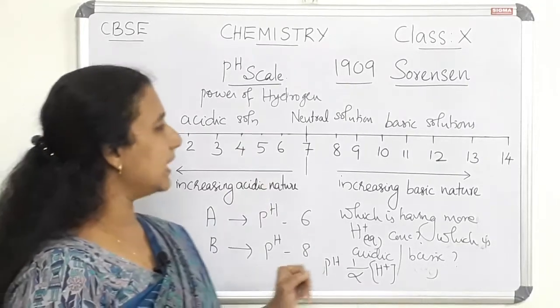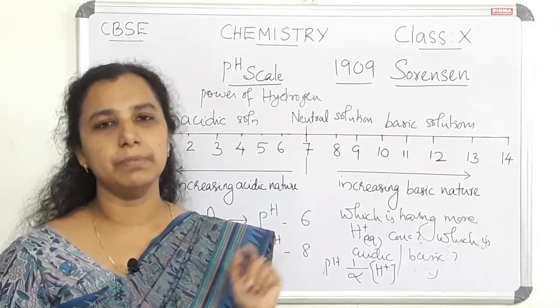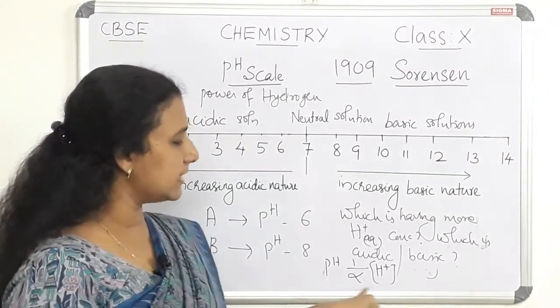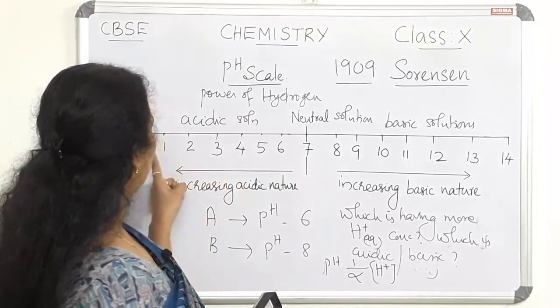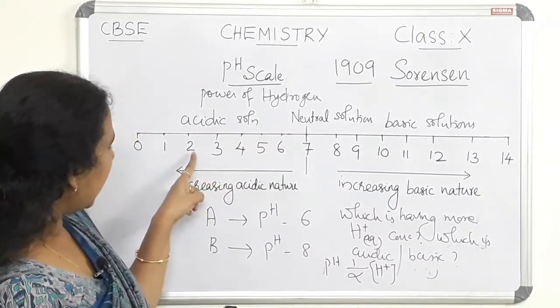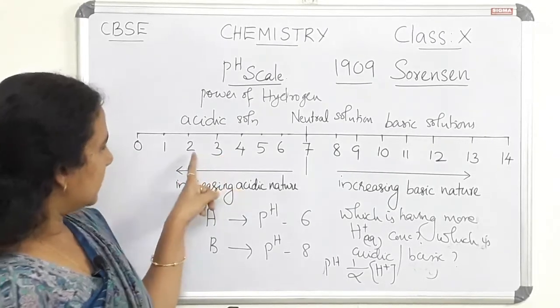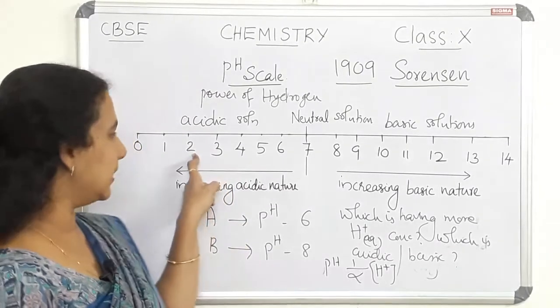From the pH scale we have to notice that hydrogen concentration and pH are inversely proportional. When pH is more, hydrogen concentration is less. In the case of acidic solutions, if one solution has pH 2 and another has pH 3, the solution with pH 2 will have more hydrogen concentration.